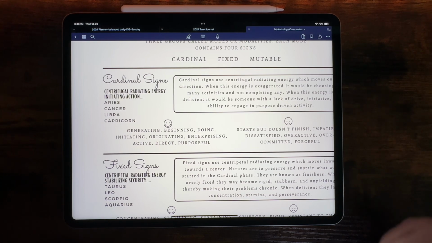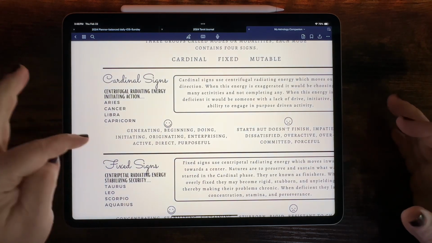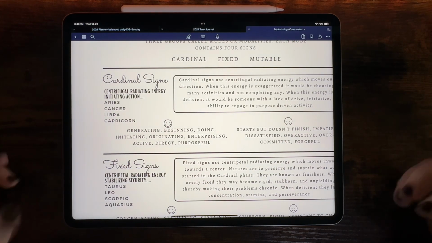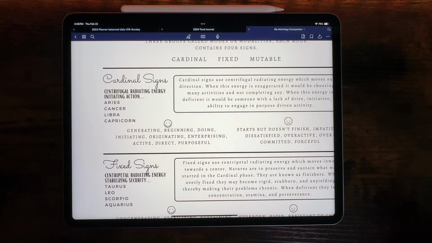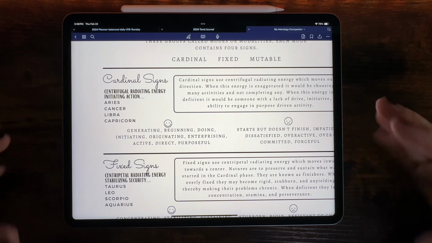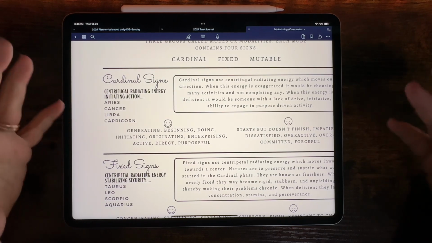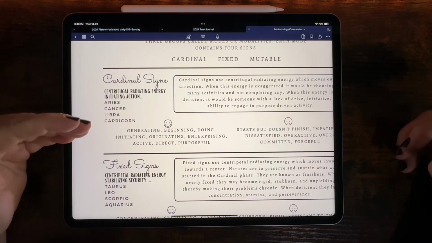They initiate stuff. So generating, beginning, doing, initiating, originating, enterprising, active, direct. Those characteristics were brought in because those are the beginning signs of those seasons. That's why they were designated to Aries, Cancer, Libra, Capricorn.